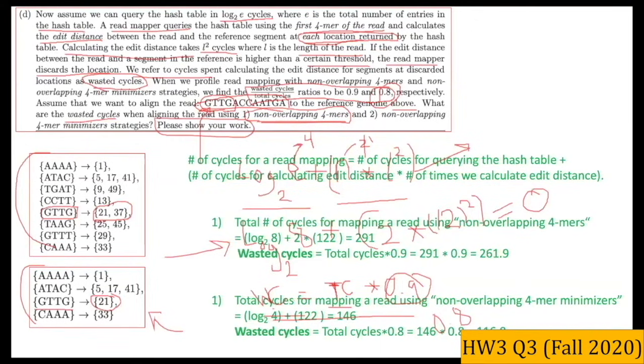So whenever we query a seed, we probably get less work to do and fewer edit distance operations. Maybe you can see here the maximum number of locations we have in the first hash table is 3, which is the second entry. Same thing in the second hash table, but normally in other cases you might get different numbers, and probably the minimizer will remain the best.